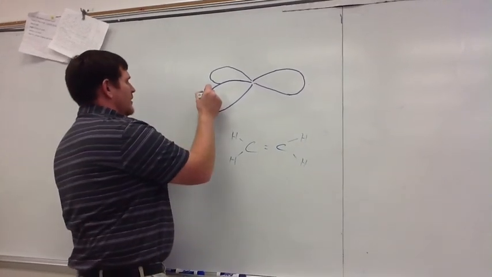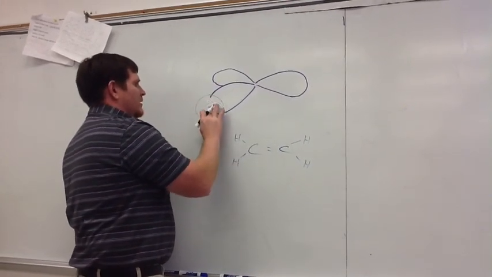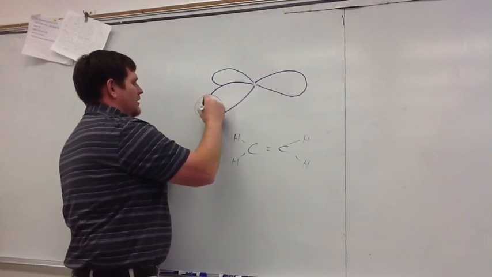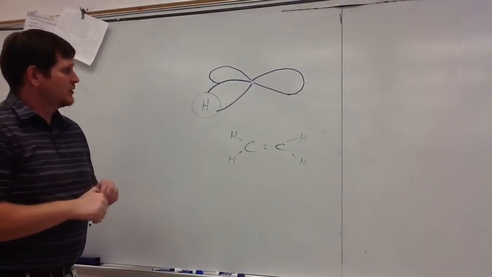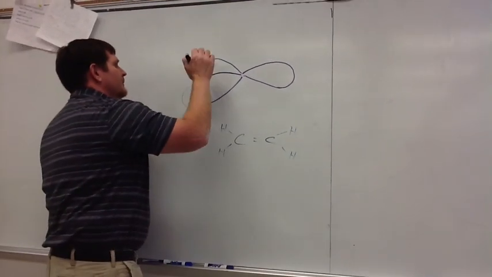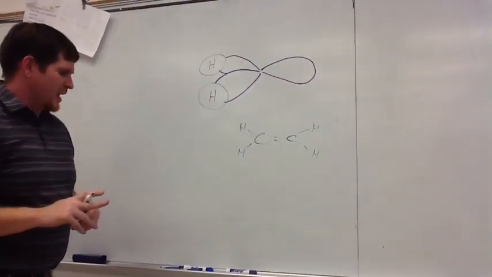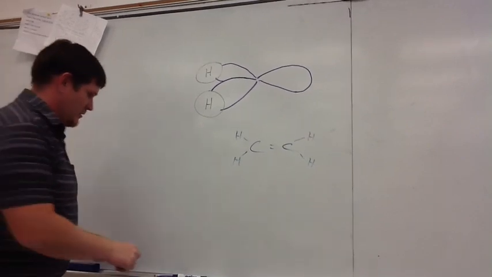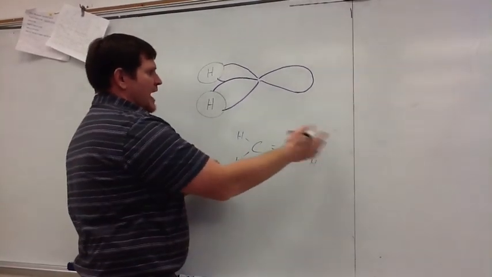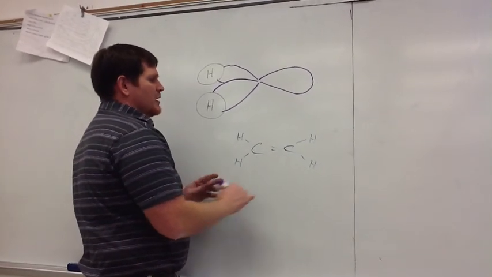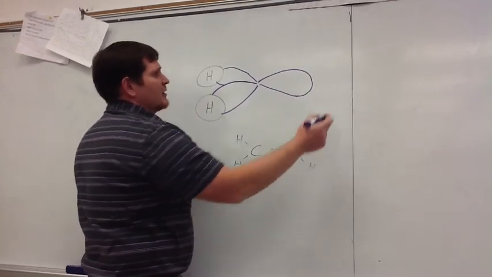So what I have here, I have an s orbital with a hydrogen. S orbital with a hydrogen. Now the other carbon is going to have a similar bond coming back the other way, because these two are just basically mirror images of each other.